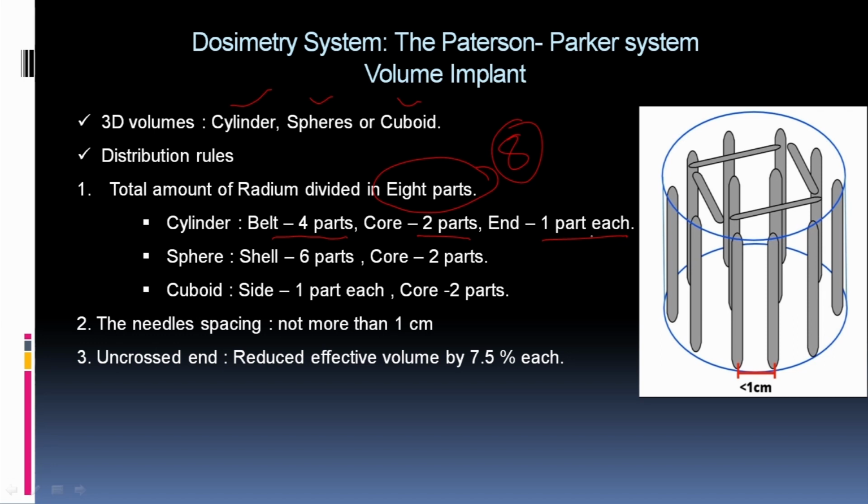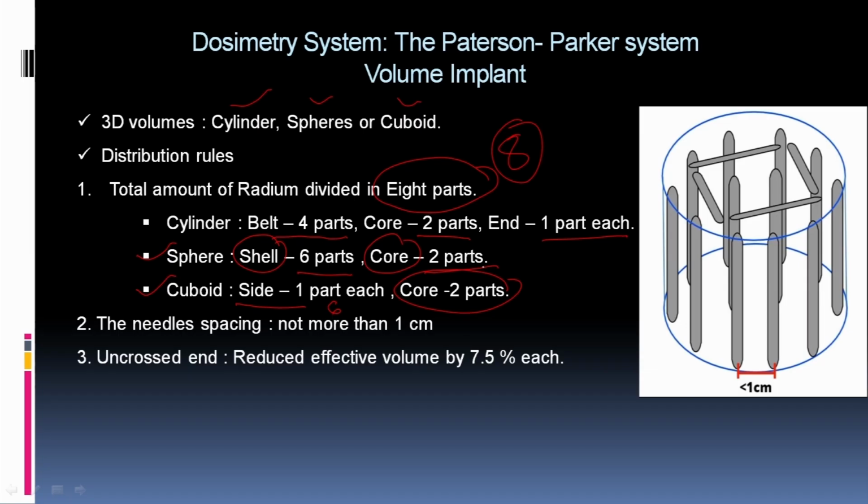Now, if the volume implant is a sphere, then in the volume we have a shell and a core. The shell will get 6 parts and the core will get 2 parts. And if the 3D volume is a cuboid, then each side will get 1 part. We have 6 sides in a cuboid, so 6 parts we utilize for the sides and we apply 2 parts in the core.